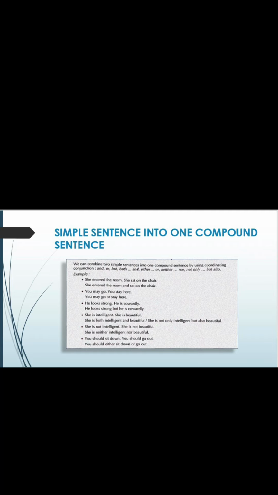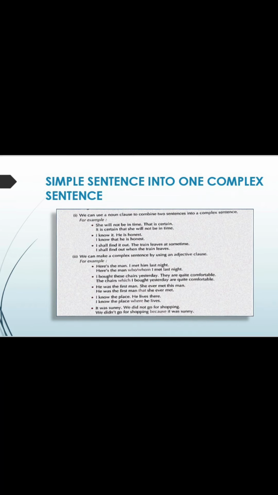Now let us understand how we can convert two simple sentences into one complex sentence. We can use a noun clause to combine two sentences into a complex sentence. For example, she will not be in time. That is certain. It is certain that she will not be in time.